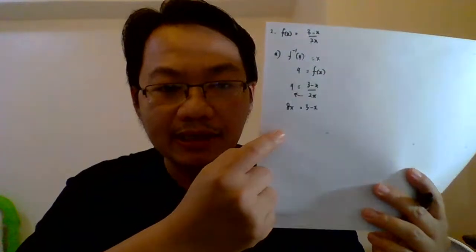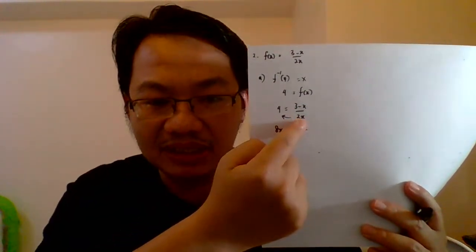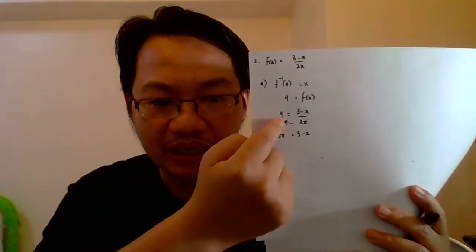So 4 equals to (3 minus X) over 2X. Because 2X is a denominator, we need to bring it to the left side, so it becomes an expansion like this. So 4 equals to this, the 2X at the bottom you need to bring to the left side.